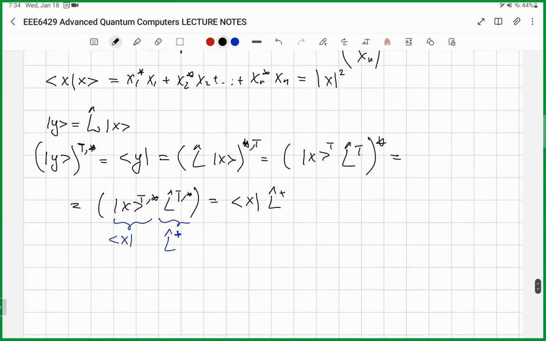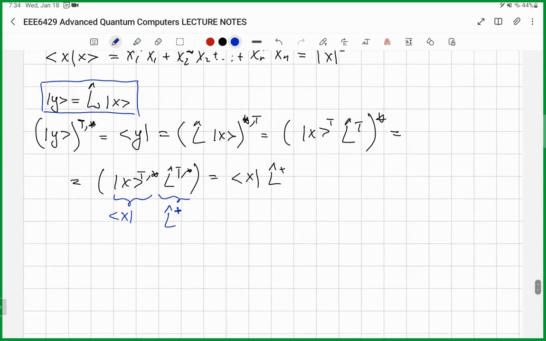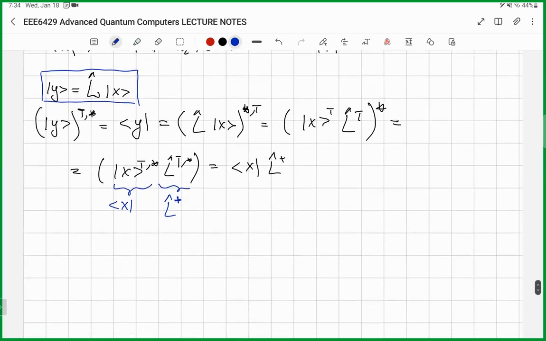It's pretty interesting. For the ket vector, when you apply your operator to a ket vector, you get another ket, and the operator acts from left to right, like usual writing.